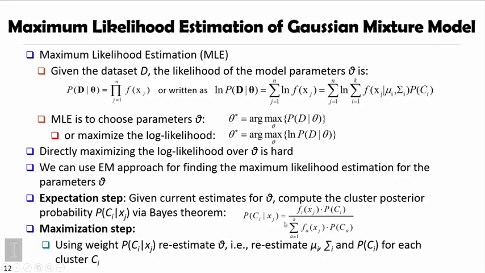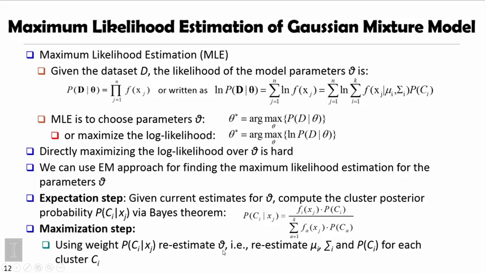Then the denominator is over all the k clusters: for each cluster C sub a, we consider the probability of generating X sub j, and we add all these k clusters together. That's our denominator. Okay.